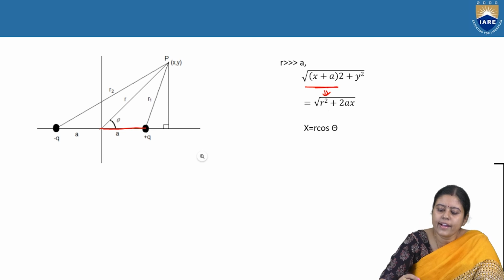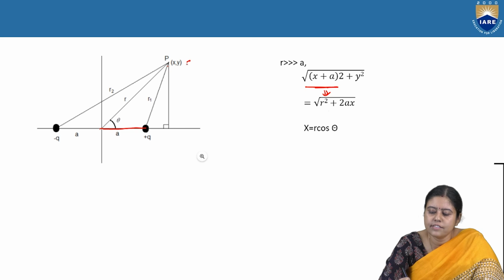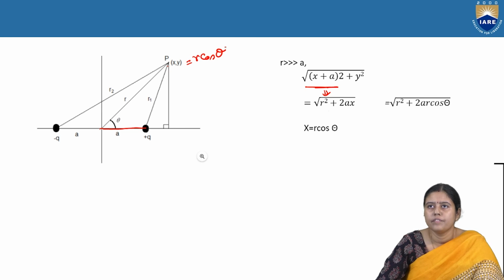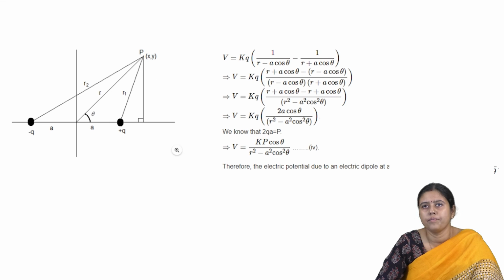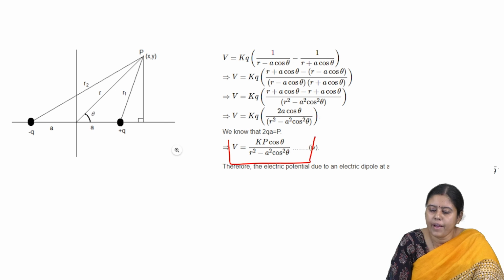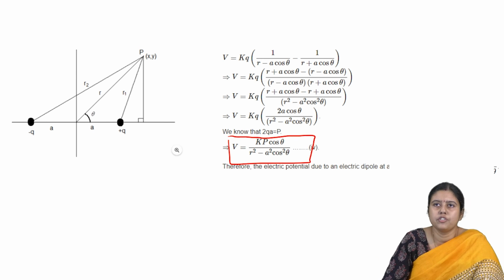If this distance is R, X is equal to R cos theta. So we can write root of R squared plus 2AR cos theta. If we simplify it, we can get the value of V, just by substitution.